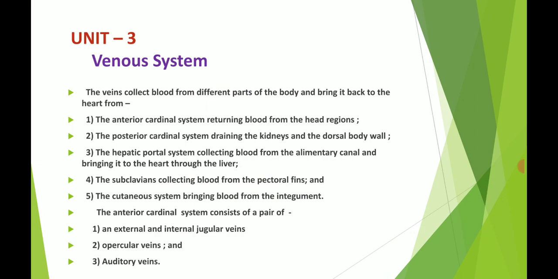The venous system consists of the anterior cardinal system, returning blood from the head region. Second is the posterior cardinal system, draining the kidneys and the dorsal body wall. Third is the hepatic portal system, collecting blood from the alimentary canal and bringing it to the heart through the liver.